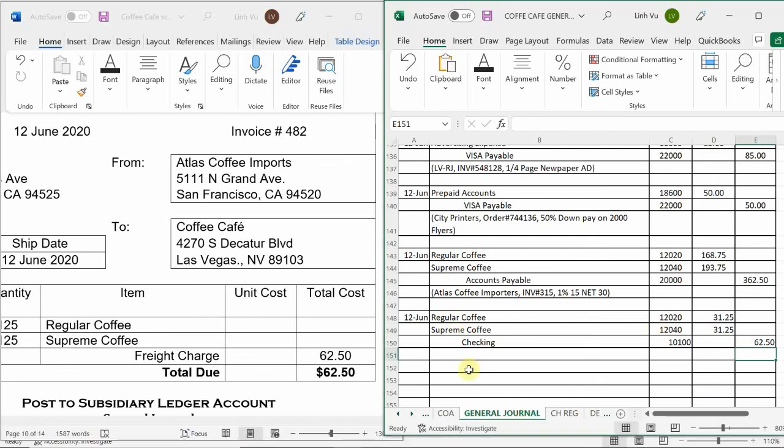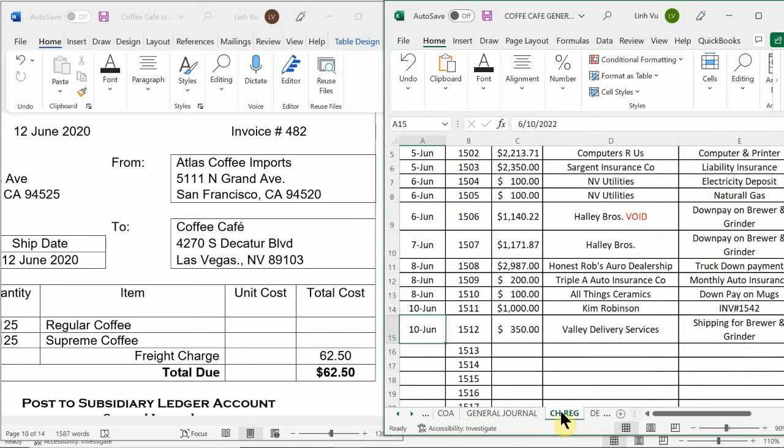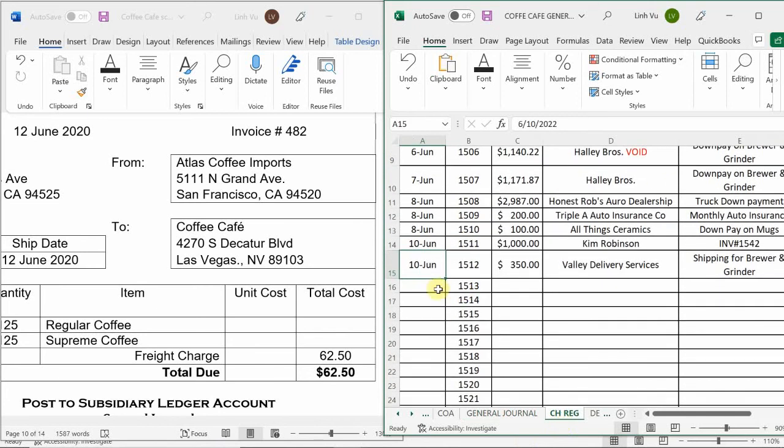Now that I have that, let's cut my check. Right here, it's the 12th. You're cutting a check for $62.50. To whom? Freightline, right? That's the person who delivered the coffee to you guys.